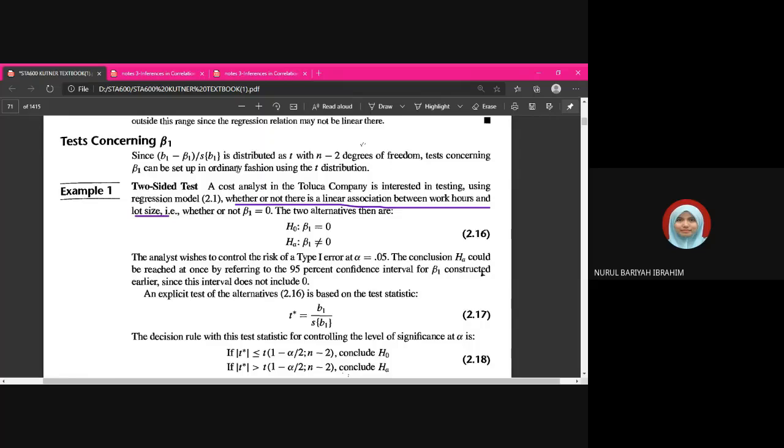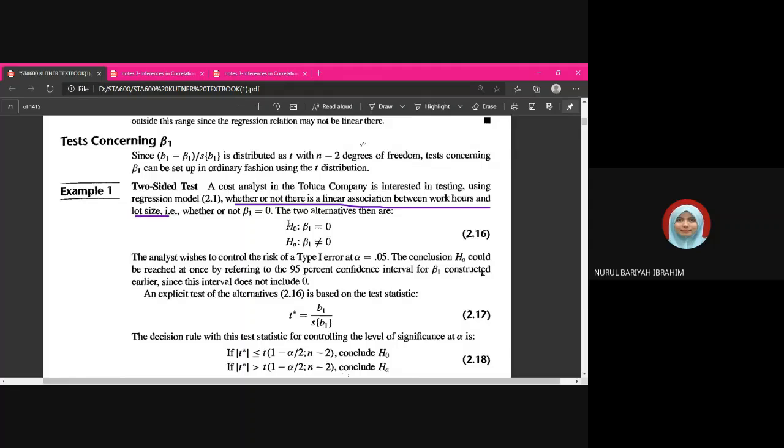For the two-sided test, we are testing beta 1 using the hypotheses beta 1 equal to 0 and beta 1 not equal to 0, to see whether there is a linear association or linear relationship between Y and X. If H0 is rejected, it means that we have a slope value, so the regression line or regression equation is linear.